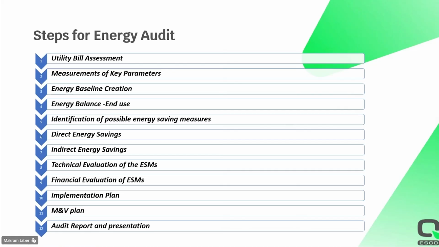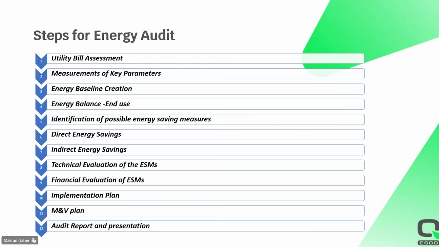Based on these ESMs and the saving which we are estimating, we can do the evaluation of the ESMs on the technical level and on the financial level to see if these ESMs are feasible. Sometimes we can propose to replace a chiller, but we find that the payback is more than 15 years, for example, so it will not be a feasible solution.